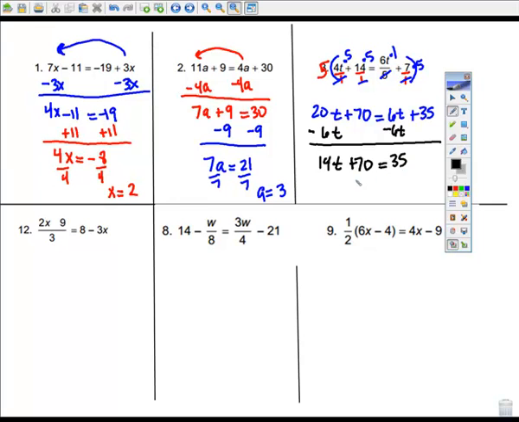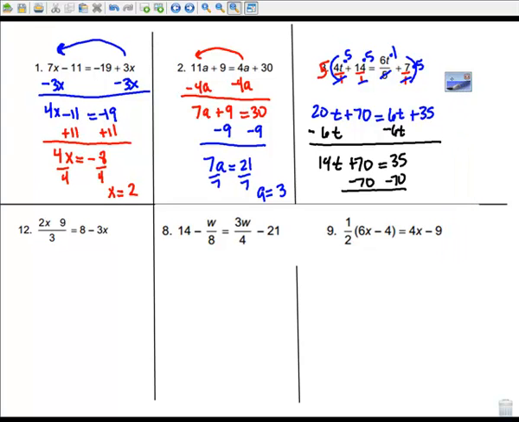We will go ahead and subtract the 70. I'll write it over here. So I end up with 14t equals negative 35, 35 minus 70. And then when I divide it by 14, I get 2.5. In this case, it's a negative 2.5 though.